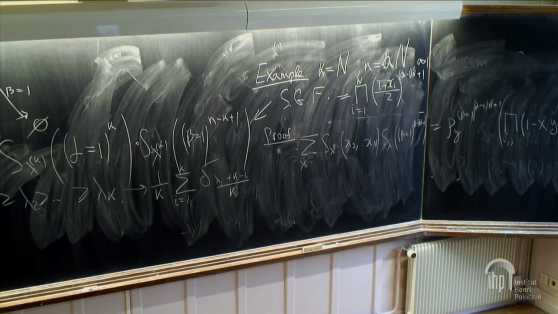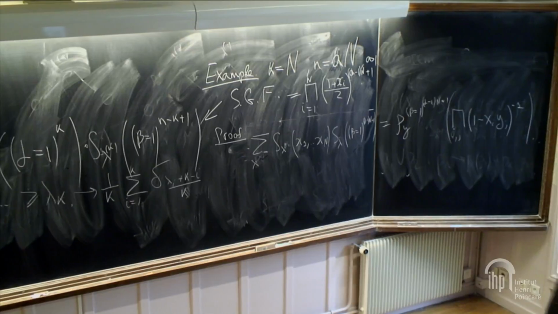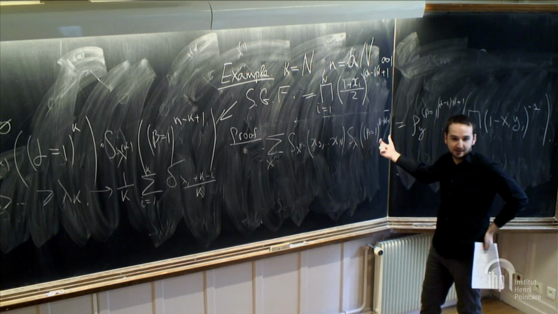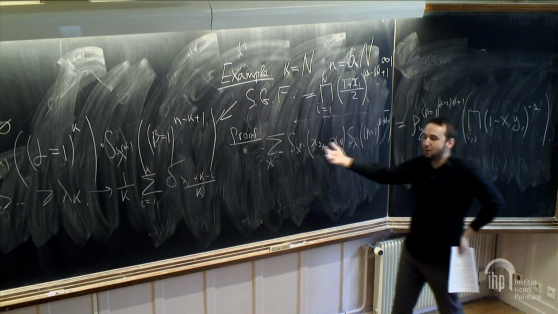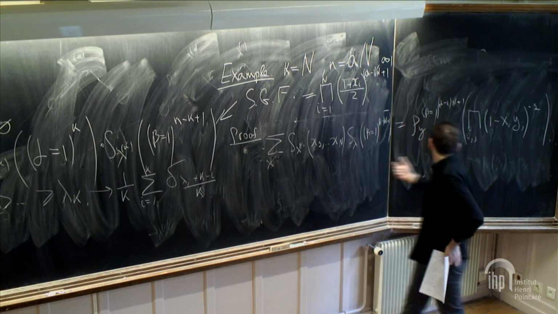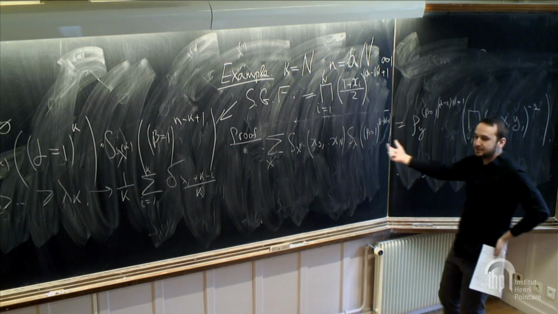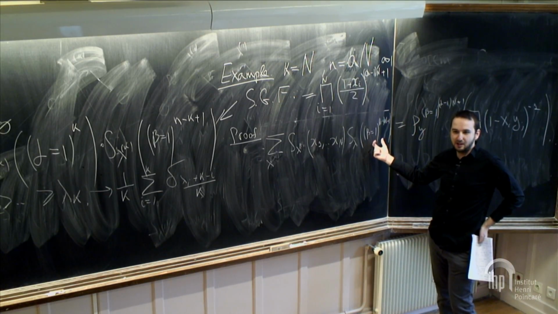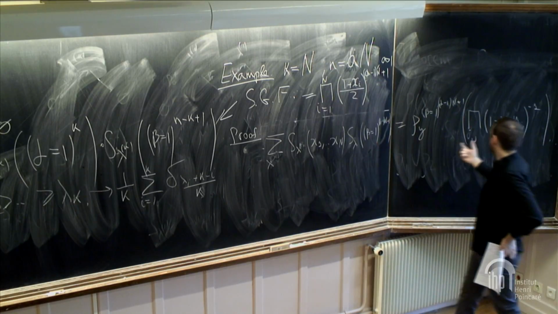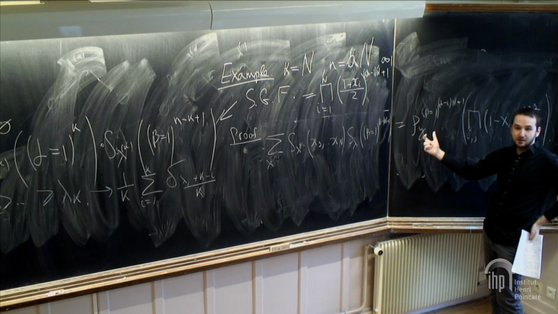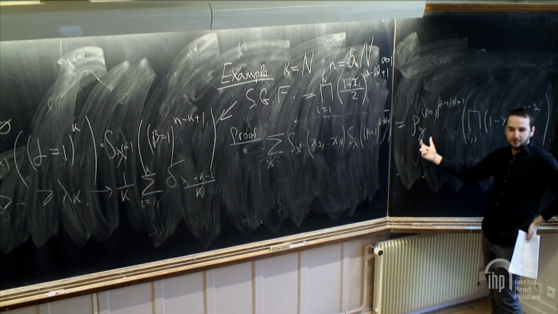OK, so what's written here? Assume that instead of x's and a specialization, you have x's and y's here. Then we know how to sum over all lambdas. That's precisely the Cauchy identity, and it gives this thing. But now we need to apply our specialization in this group of variables y's. And that's what is written here. So you apply the specialization in these betas in the y variables.